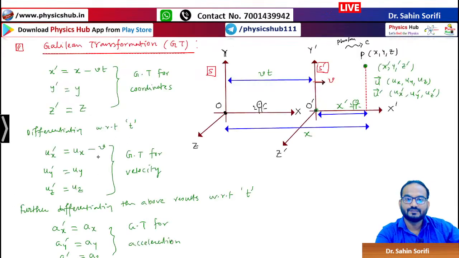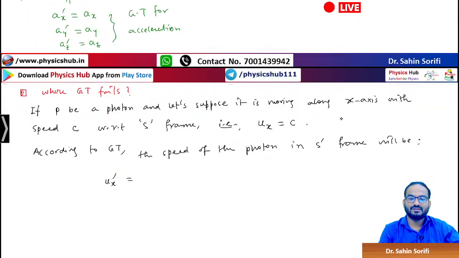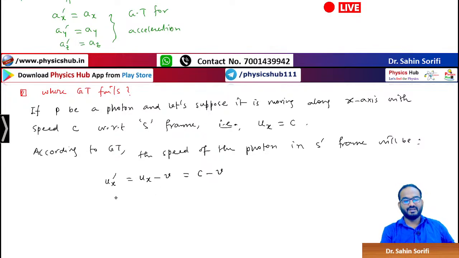So what is the formula? ux prime is equal to ux minus v. v is the speed of the S prime frame with respect to S. So we just put it into the formula, ux minus v. ux is the speed measured by the S frame, that is c minus v. But what should it have been? It is not equal to c. As per the second postulate, these two speeds should be the same. But you see, the speed of the photon we are getting in the S prime frame is c minus v, which is not equal to c.